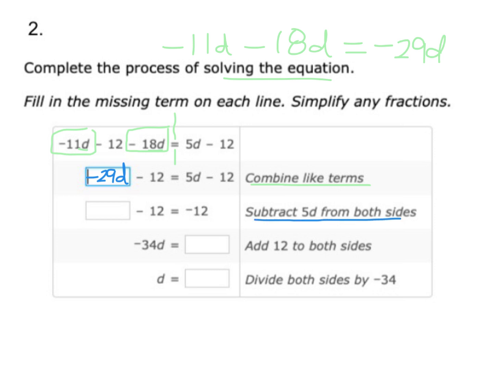I want to get all of our variables together on the left side of the equation. So we're going to subtract 5D, subtract 5D. So I'm going to go negative 29D minus 5D. Negative 29 minus 5 is negative 34D.